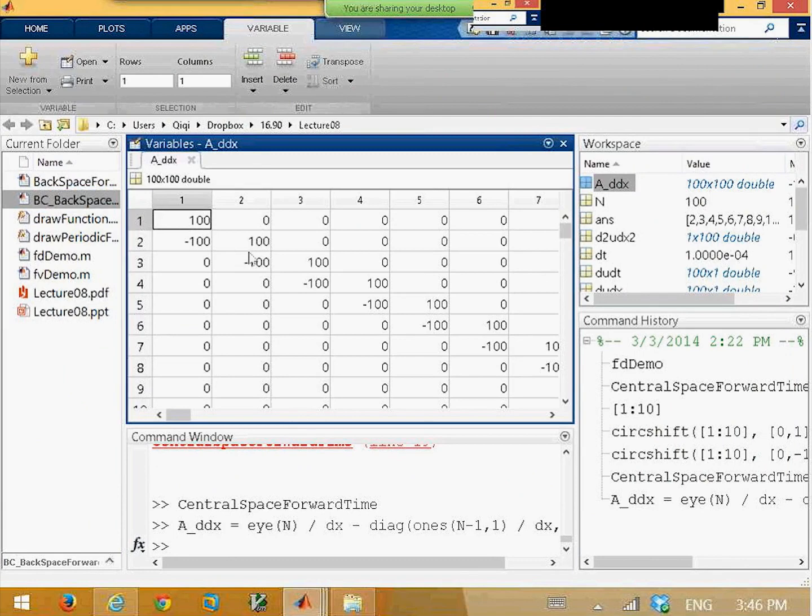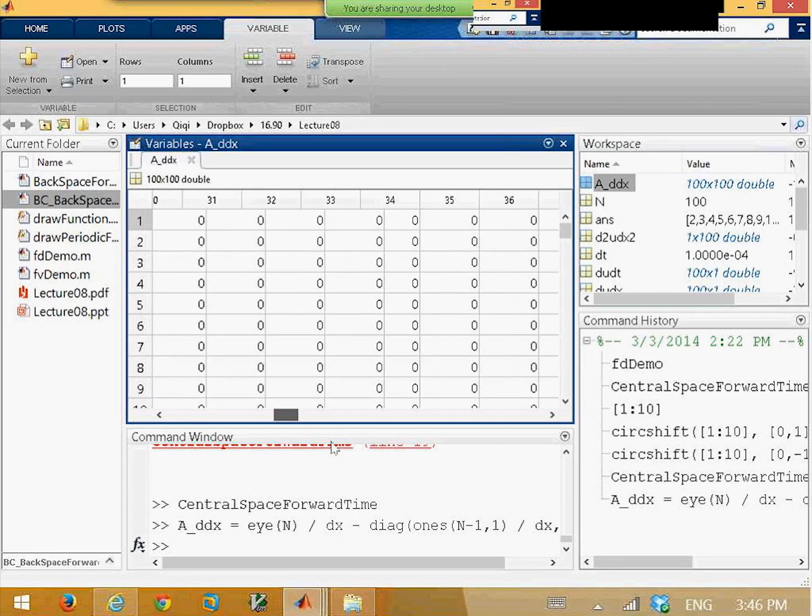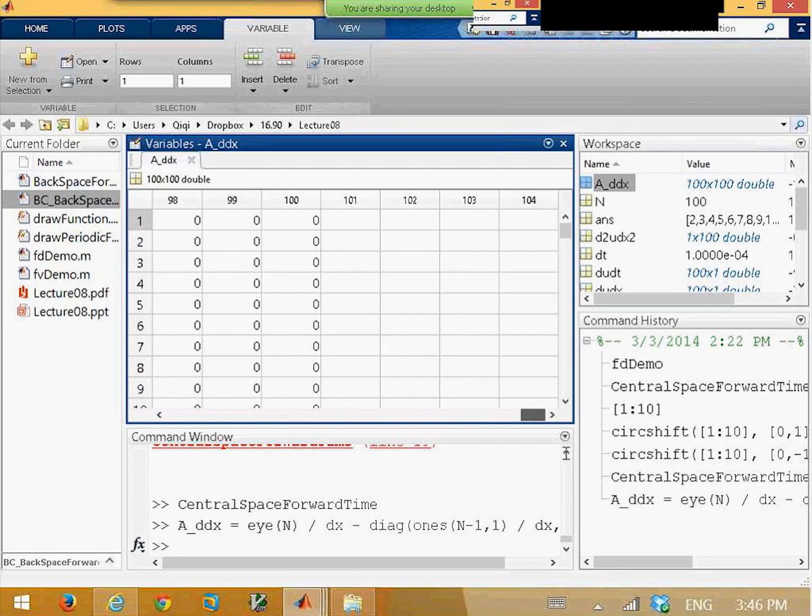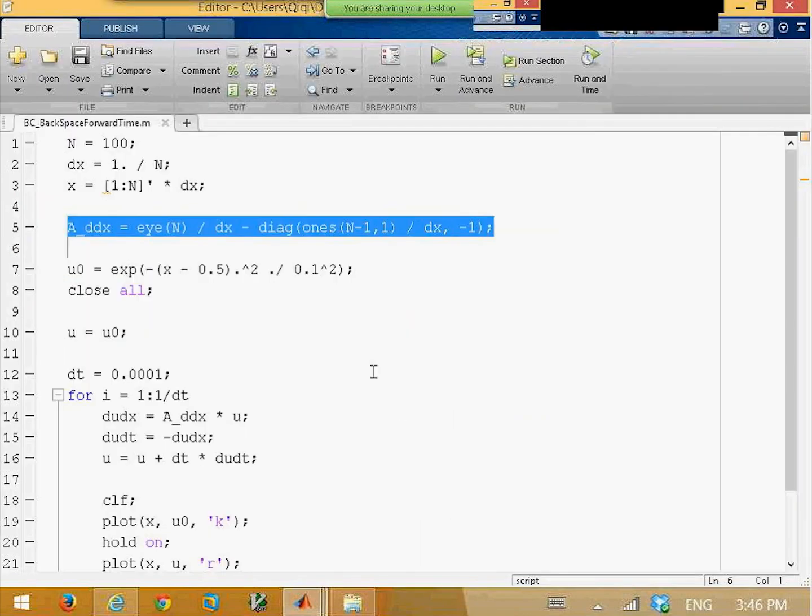The 100 by 100 double. On the diagonal, it is 1 over delta x. On the sub-diagonal, it is minus 1 over delta x. Right? I get what I want, and I also don't have a minus 100 over here, as I do in the periodic case.